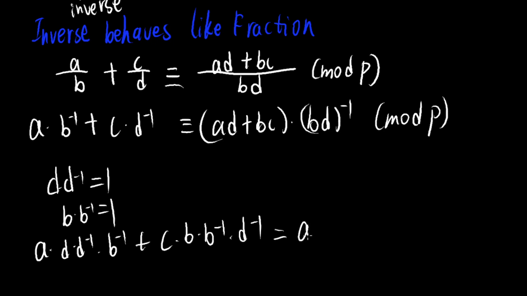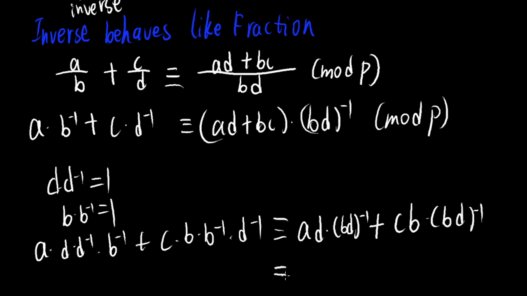We have ad times bd's inverse plus cb times bd's inverse. And this is what we are looking for, (ad plus cb) times bd's inverse.